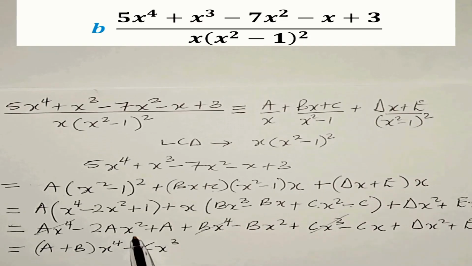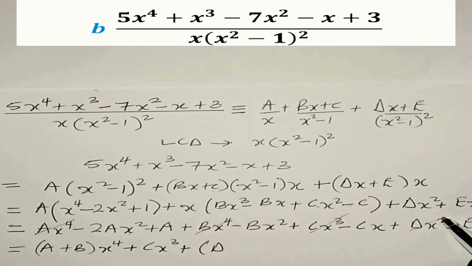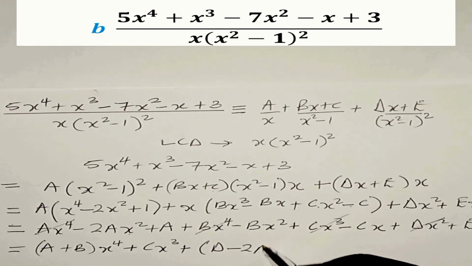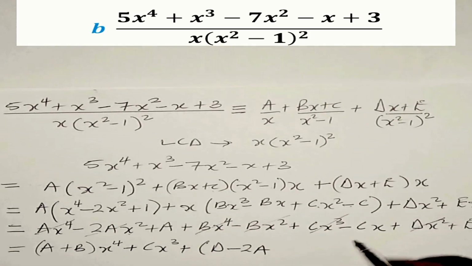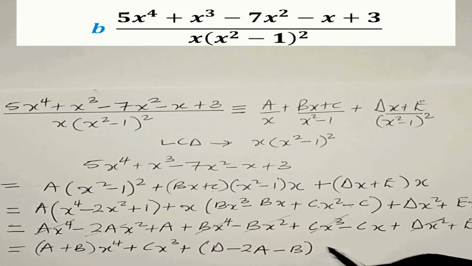Let's collect terms with x squared, and we shall have dx squared. So we have d minus 2a right here, and then we have b minus b x squared. Okay, so we have x squared like that.